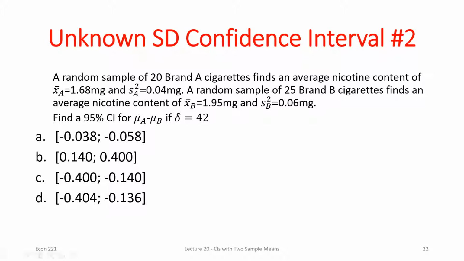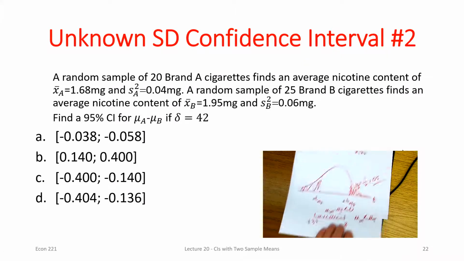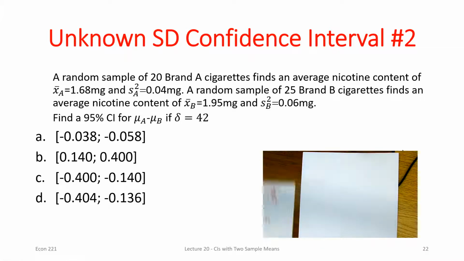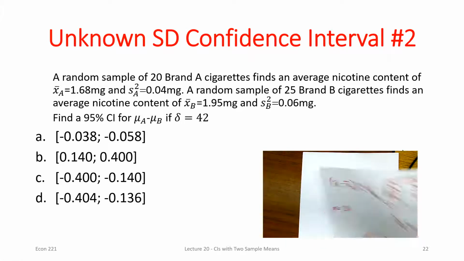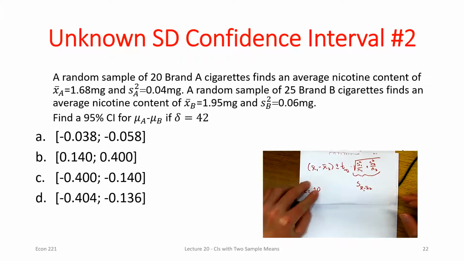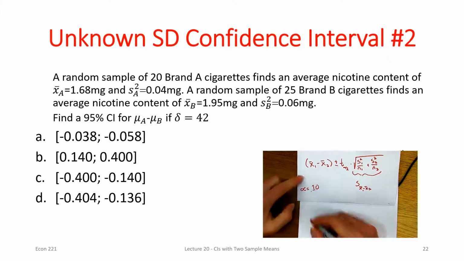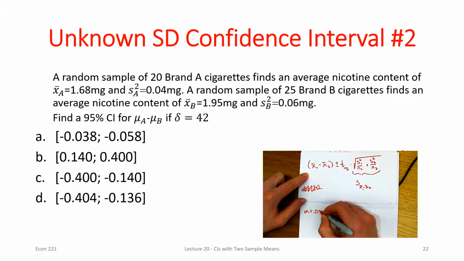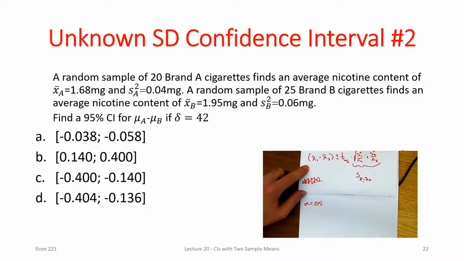Right away, if I'm thinking about a 95% confidence interval, what is my alpha value? My alpha is 0.05.